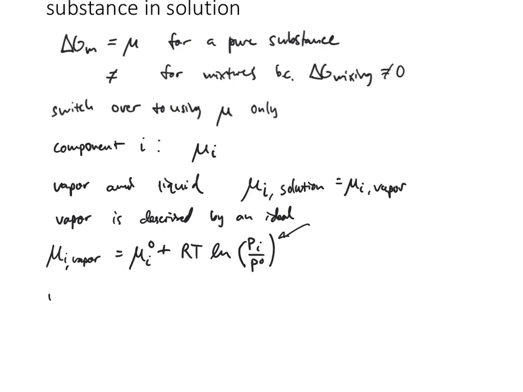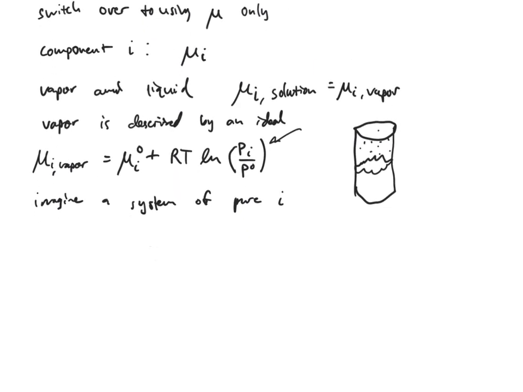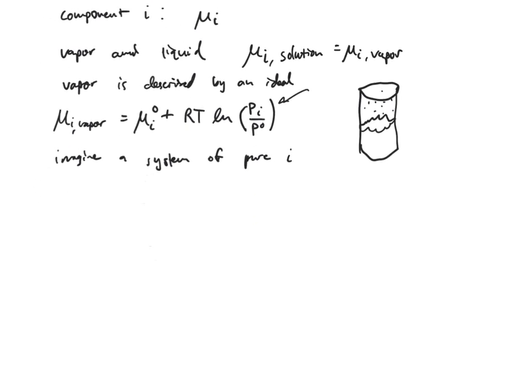So, first let's imagine a system of pure I, again in a tank, say, and the vapor is up there above the liquid phase. Then we would write, we've got the vapor chemical potential, and remember the star represents the pure substance.